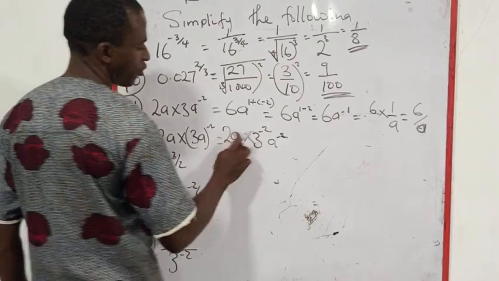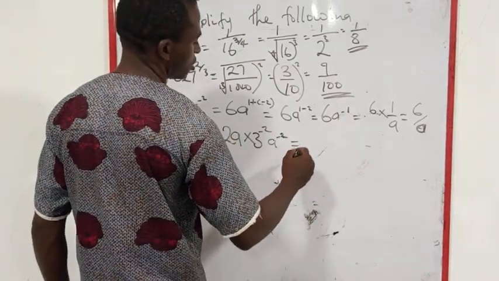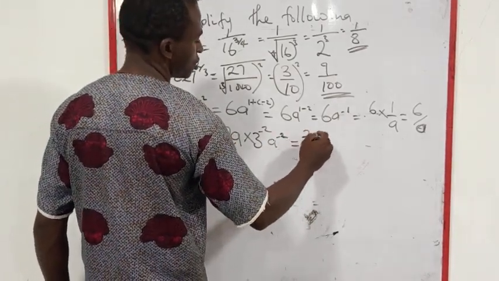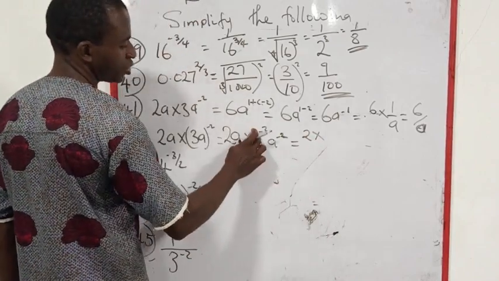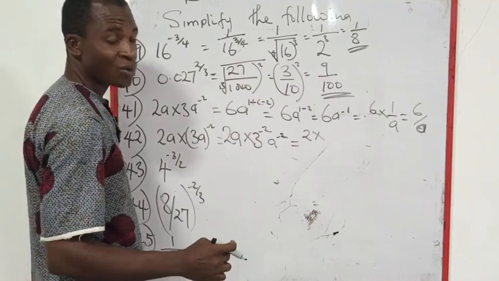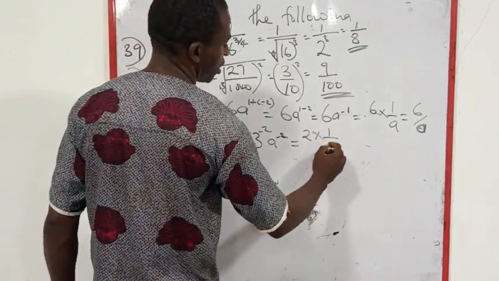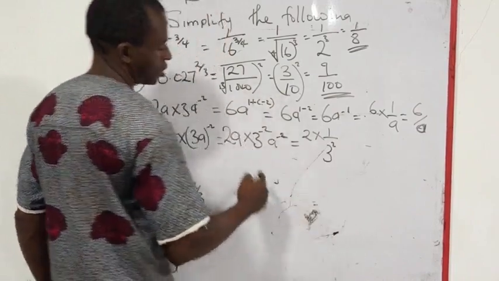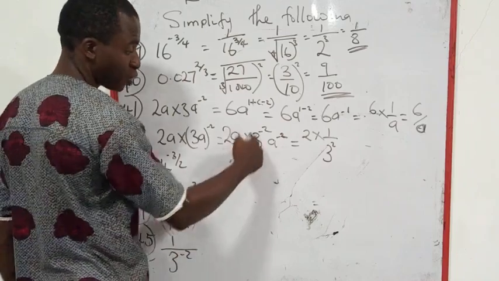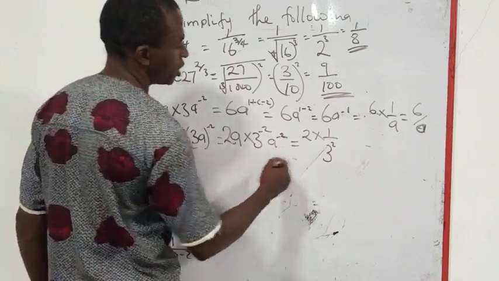Don't forget, we have a common base here, but before we do that, we already have 2 times this one, which is the same thing as 1 over 3 squared. By our fourth law of indices, 1 over the number, removing the minus sign. That's how we got that.